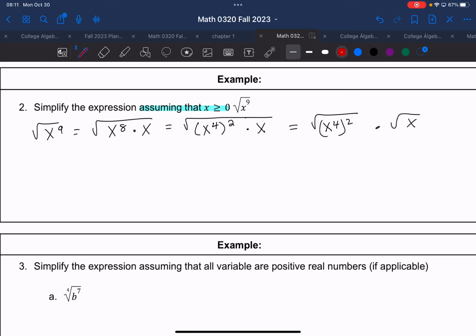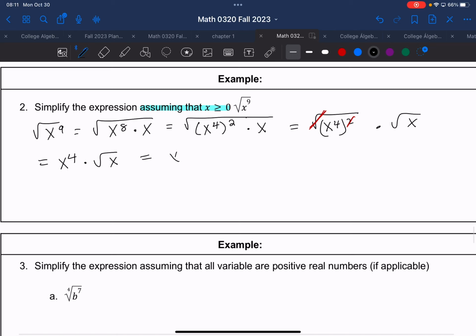The square and the square root of the first term. Good. This square and this square root cancel. So that means we are left with x to the 4th times the square root of x. And we would just write that as x to the 4th in front of the square root of x.